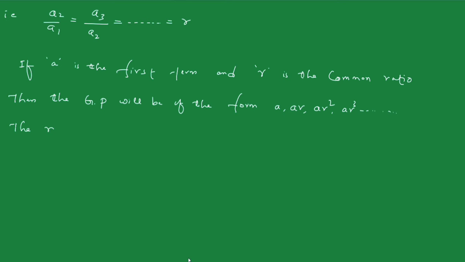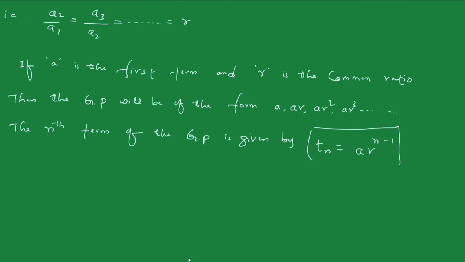Then the nth term of the GP is given by Tn, which is equal to a into r to the power of n minus 1, right?